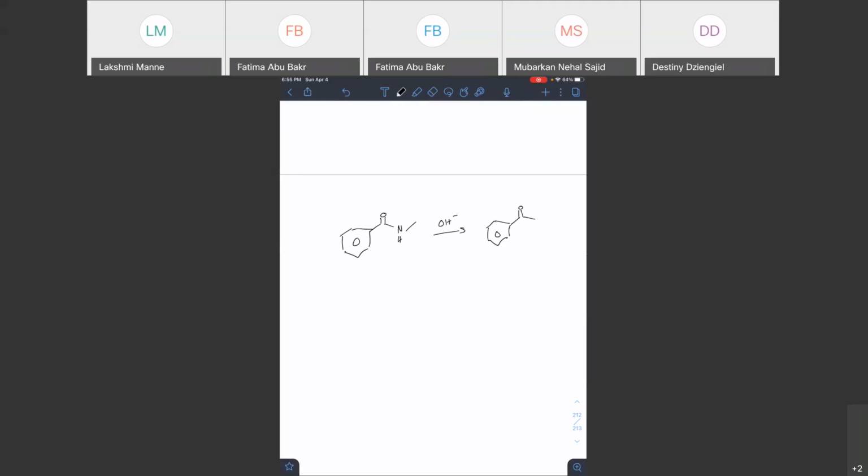So it's literally just that. And then if we react that instead with an acid, like HCl, we get this turning into an acid. Okay. So it's just how to get from an amide to an acid, but you can also just get from an amide to the base version of the carboxylic acid, or benzoic acid in this case. It's really up to you.